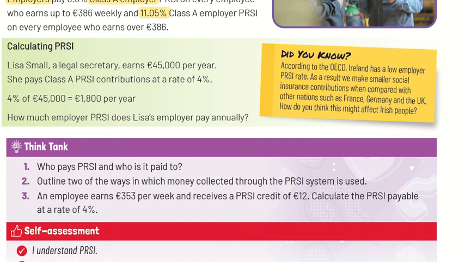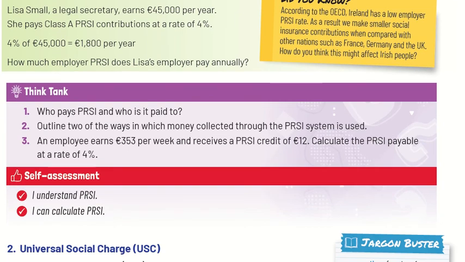Okay, some examples to do for homework then. Remember, this lesson is to understand what PRSI is and how to calculate it. Hopefully you can tick those boxes, and do these three questions, and I will put up the solutions. Who pays PRSI and who is it paid to? Employees, employers, Revenue Commissioners. Outline two ways.